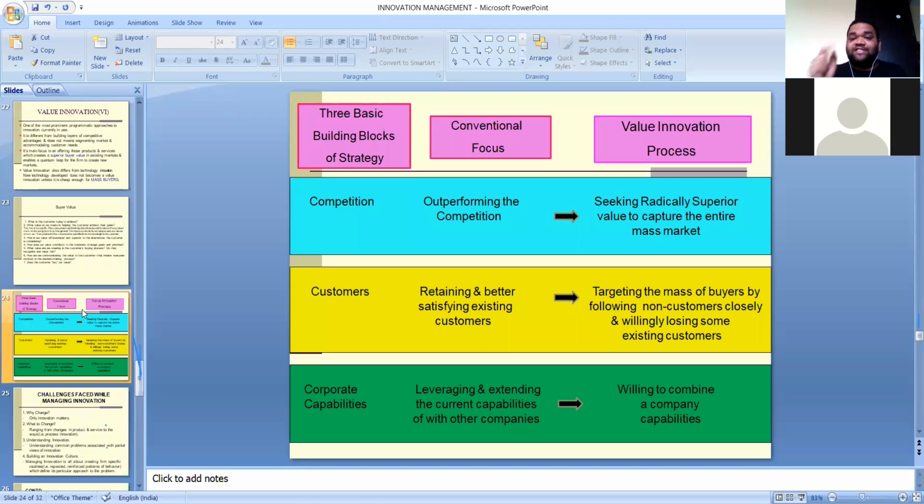That leads to what value innovation says: targeting the mass of buyers by following non-customers closely and willingly losing some existing customers.